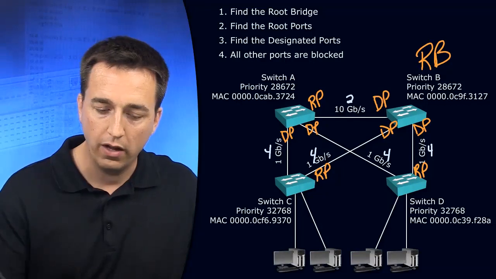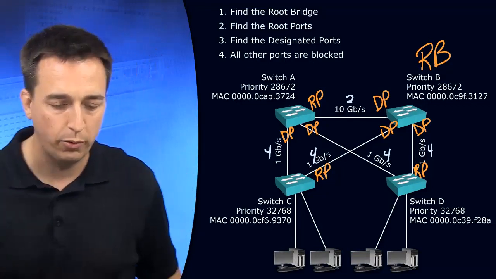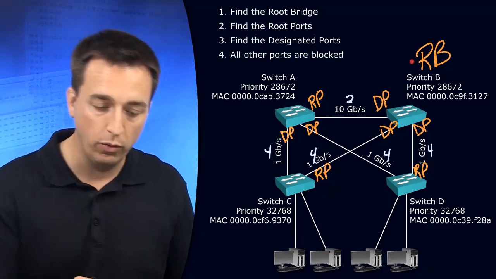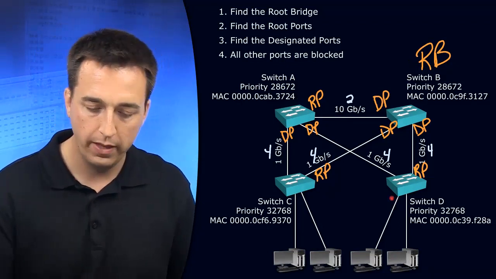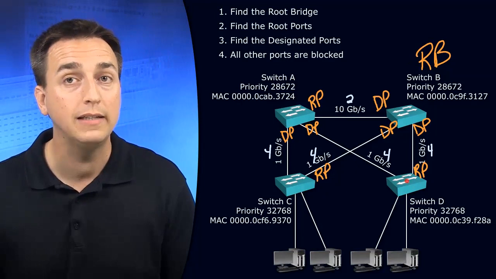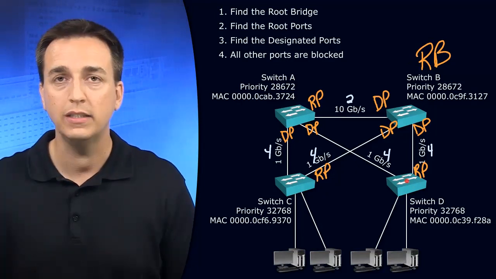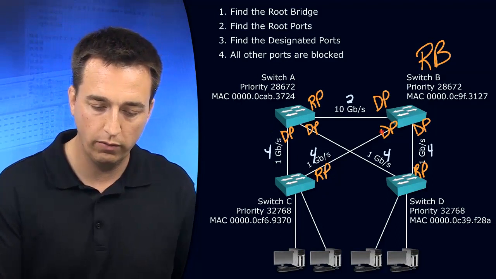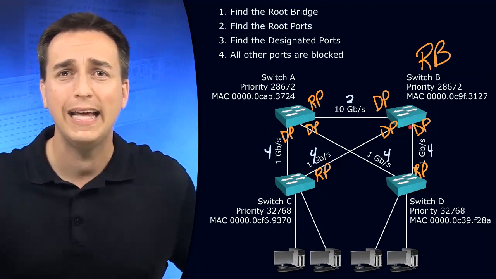So have we figured out all the root ports and designated ports? Well, we know where our root bridge is. We said we needed 3 root ports and we figured them out. And we said we needed how many designated ports? 6? Pardon me, 5 links. Where did I get 6 from?